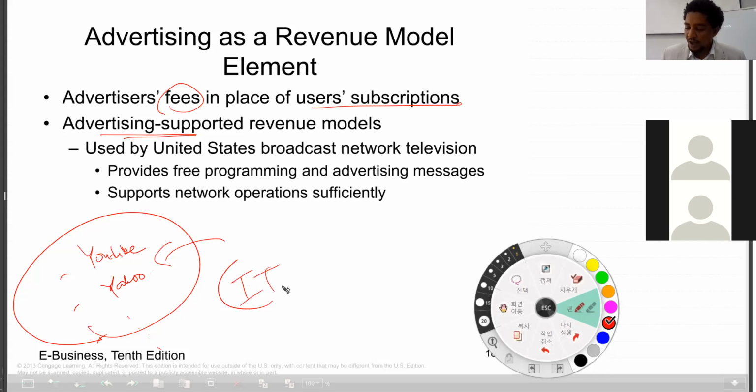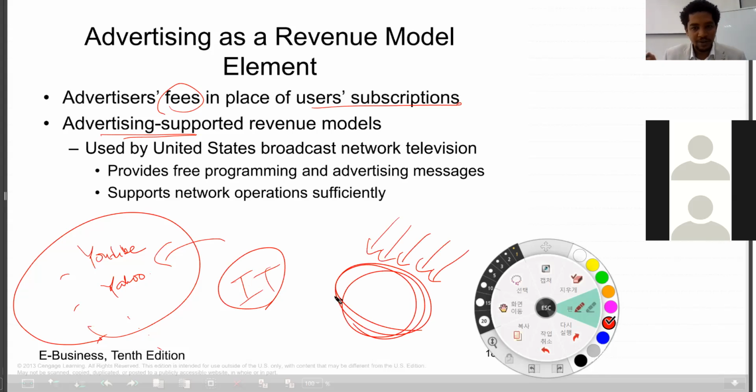IT, when so many people use something, the value of that thing increases, okay? Or the marginal utility of one more person to the website increases. But in economics, marginal utility decreases, right?